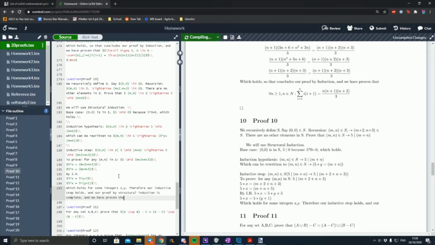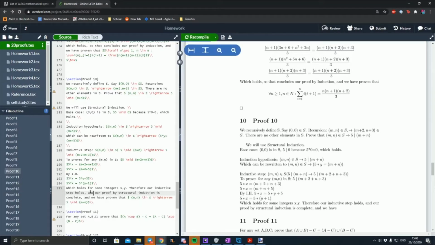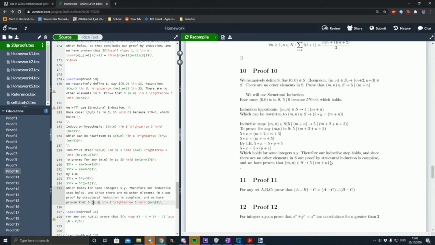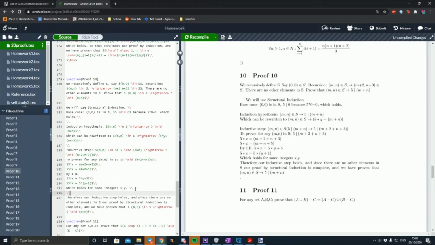And since there are no other elements in S, our proof by induction is complete, and we've proven this. It might be a little bit on the bar for that last sentence, because there are no other elements. Because if there are, then we're not done yet, and we would have to prove other stuff as well. But we here are done because there are no other things in our set.